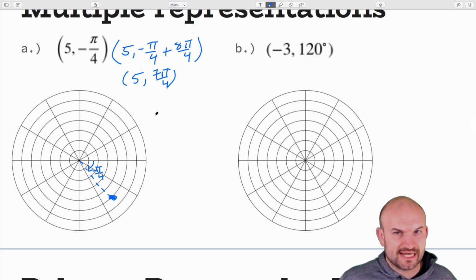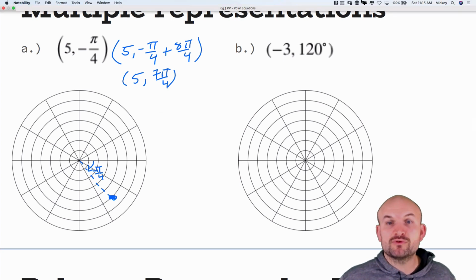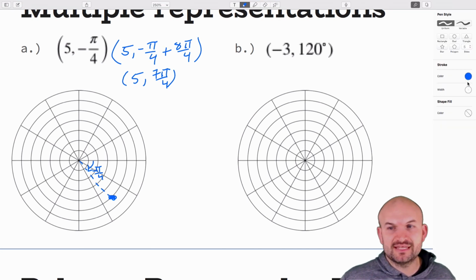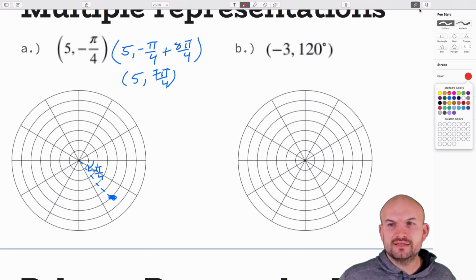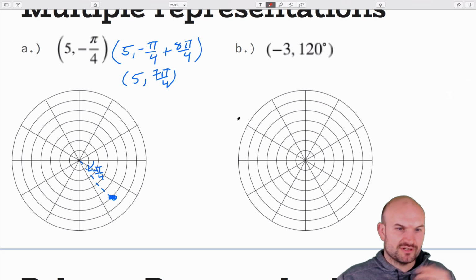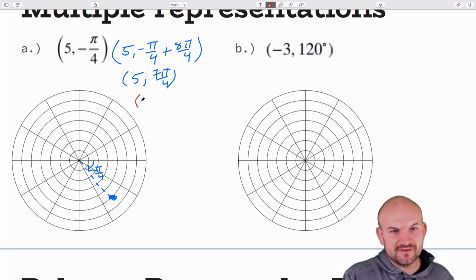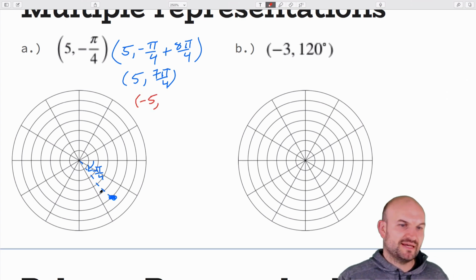So again, I got to understand, well, what is that reflection point, right? So remember, when I deal with negative 5, that is going to be a reflection about the origin, right? So basically it's going to be this exact same point, 1, 2, 3, 4, 5, right here.